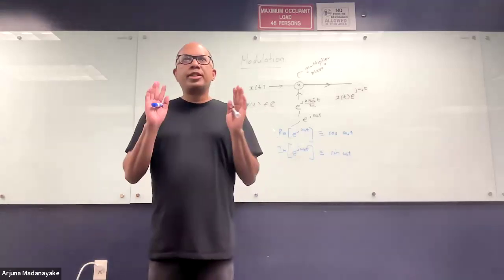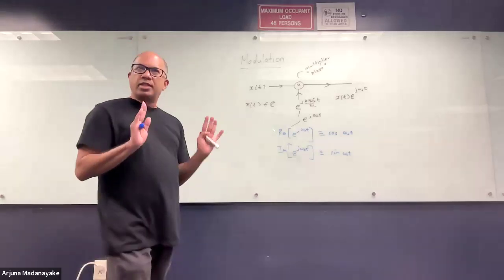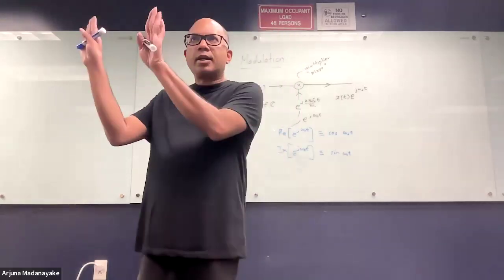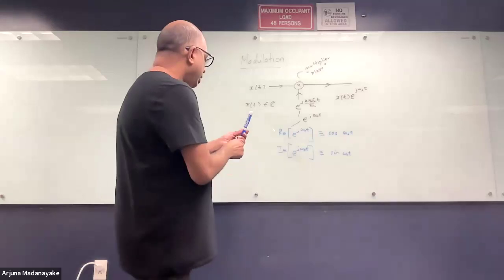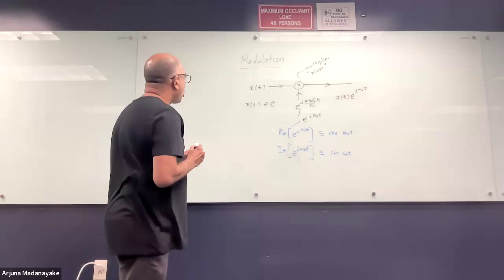The Fourier transform shape remains the same, its phase remains the same, but the whole function in frequency gets translated by f0 into a different place in the spectrum.